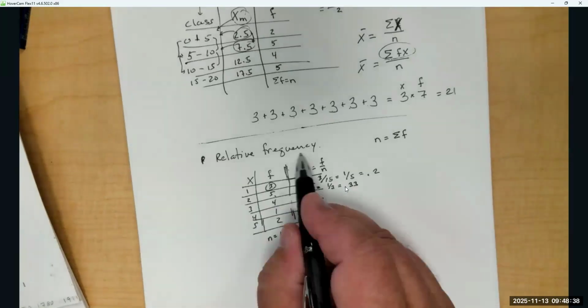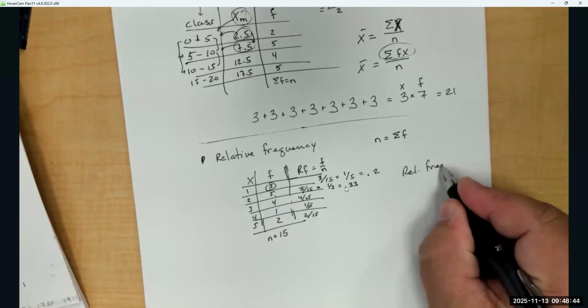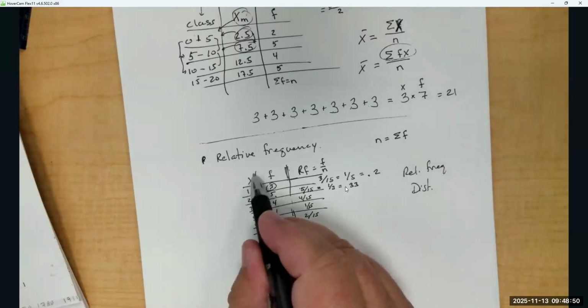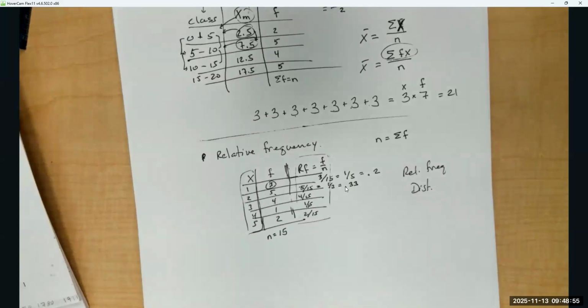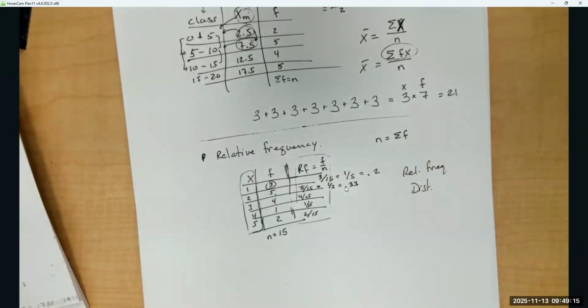When you create a relative frequency table, this is what's called a relative frequency distribution. And we could do the same thing there. With all of our x's, we could refer to the decimal equivalents. Instead of the frequency value of each of those data sets, we have those. But yes, we could do that for a relative frequency distribution chart. Not a histogram. Histograms only work with frequencies. This would be dots.